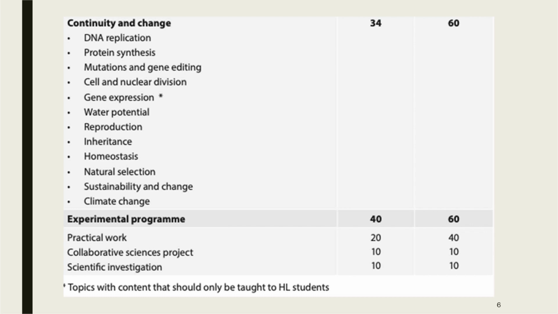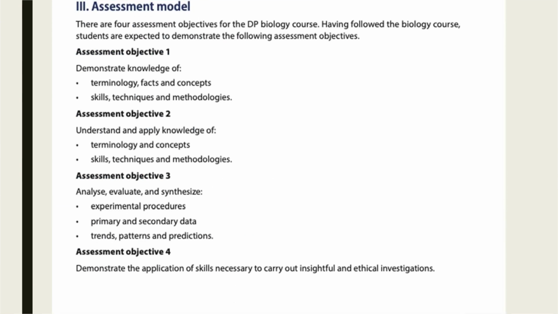And when it comes to the assessment model, there are 4 assessment objectives for the DP biology course. In assessment objective 1, you have to be able to demonstrate knowledge of terminology, facts and concepts, skills, techniques and methodologies. In assessment objective 2, you have to understand and apply this knowledge.